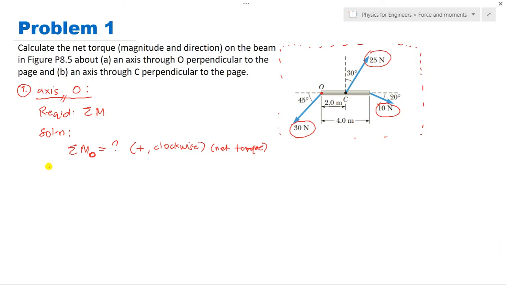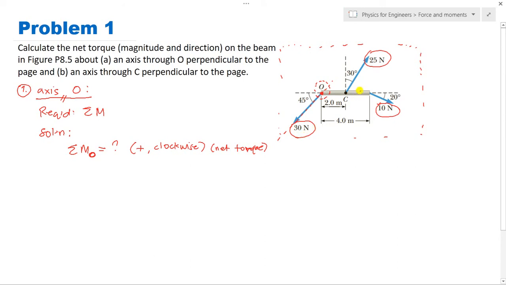No. The reason is that its direction is along the axis, it hits the axis directly, so there is no torque or moment. We focus on the axis O, so the 30 newtons is excluded.